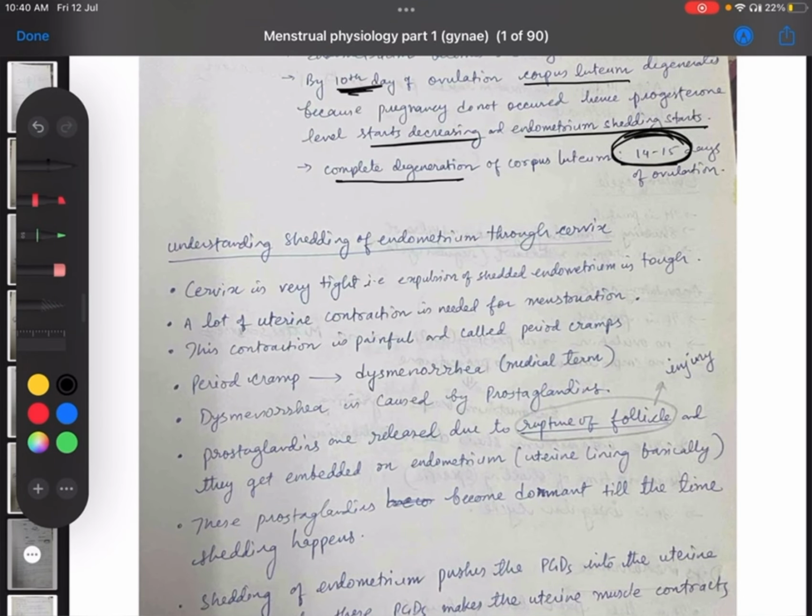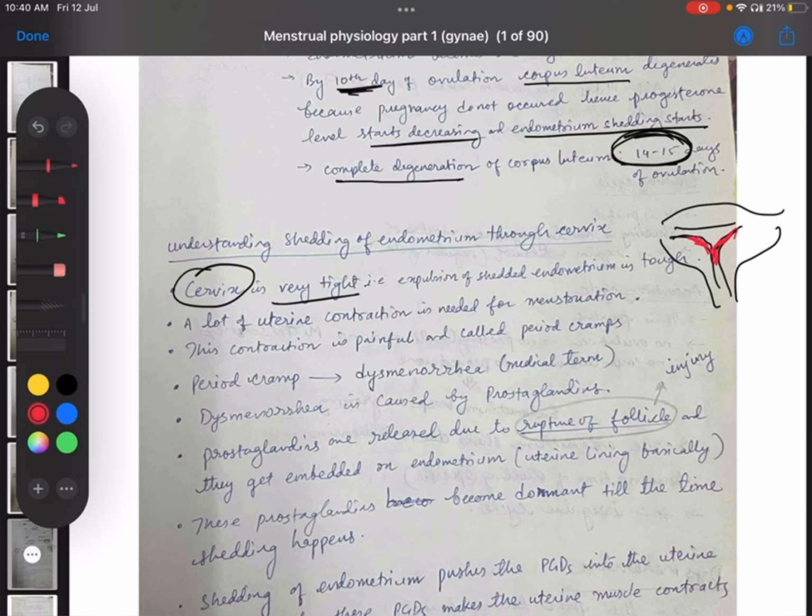Now, understanding the shedding of the endometrium through the cervix. What does that mean? The cervix is basically very tight. That is, expulsion of the shed endometrium is tough. Like if this is the uterus, this is the endometrium.